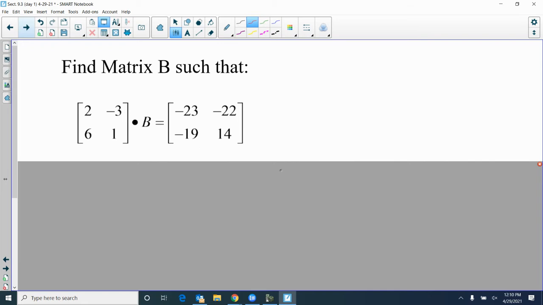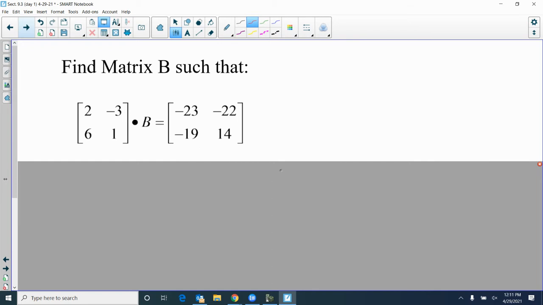First thing I want you to think about, what dimensions does the matrix B have to be? Sarah, what dimensions do they have to be? 2 by 2 because this is a 2 by 2 and the solution's a 2 by 2.